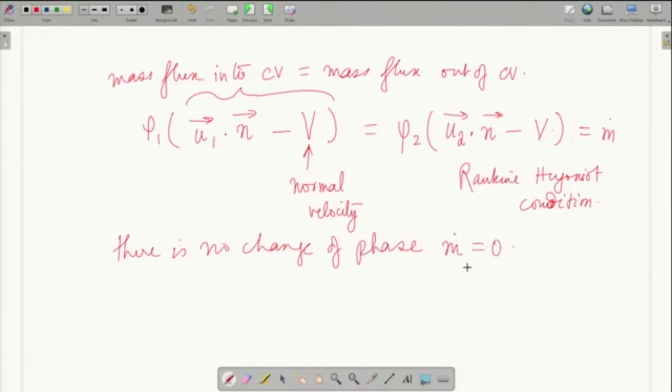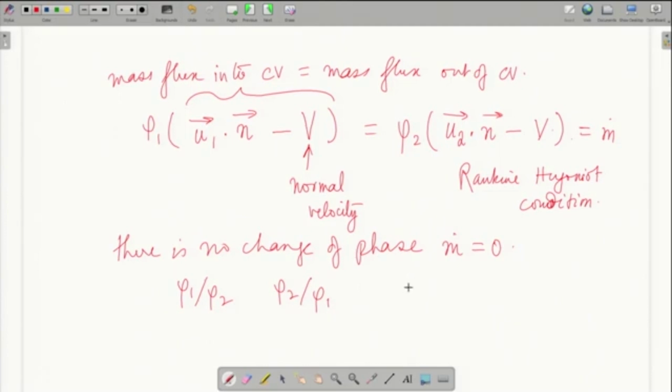Now, if we are handling incompressible fluids, then these densities rho 1 and rho 2 can be different for different fluids. For arbitrary density ratios, whether in the form of rho 1 by rho 2 or rho 2 by rho 1, irrespective of whatever values they have, you have to satisfy this equality.